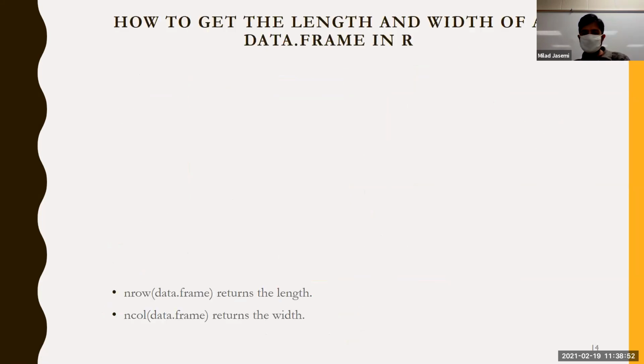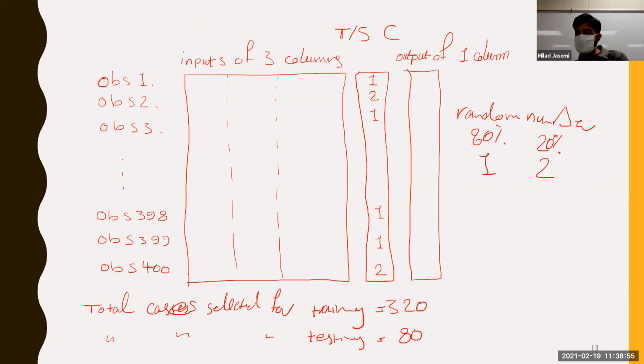So when we have random numbers 1 and 2 with different probabilities, 80% and 20%, now it should involve your mind how to do it with R. We are going to talk about it in the coming activities. Question?